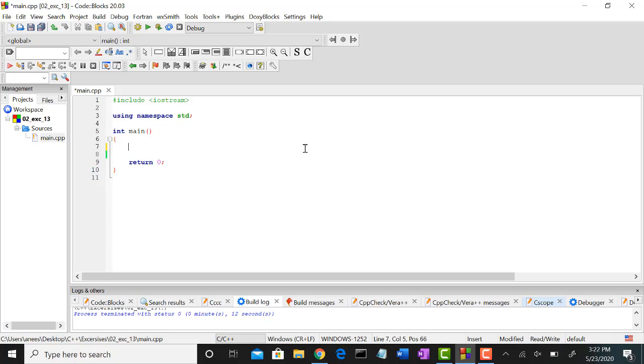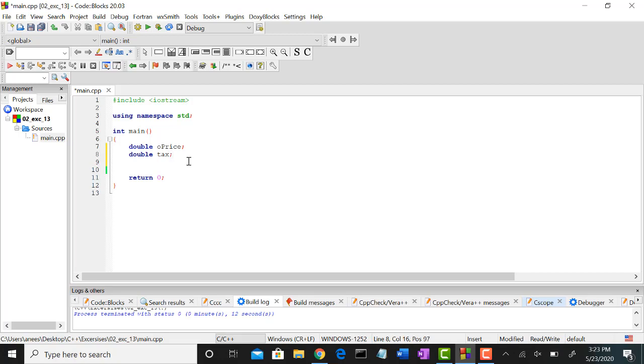These are all going to be of type double, for the record. The first one I'm going to call oPrice, which is going to stand for original price. Now, double tax. Now this is going to be short for tax rate.